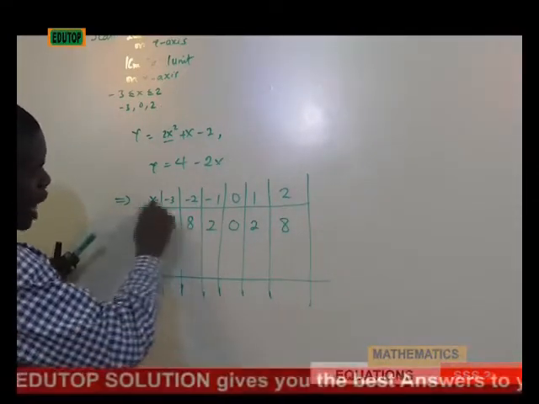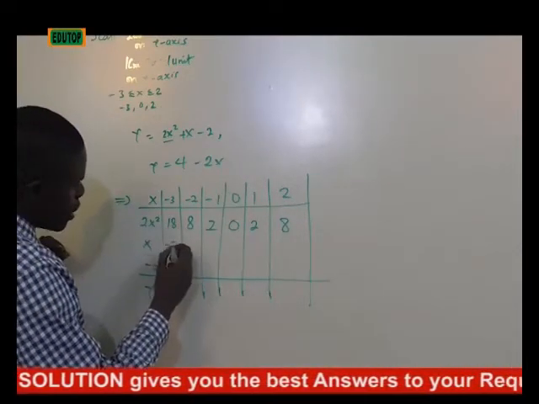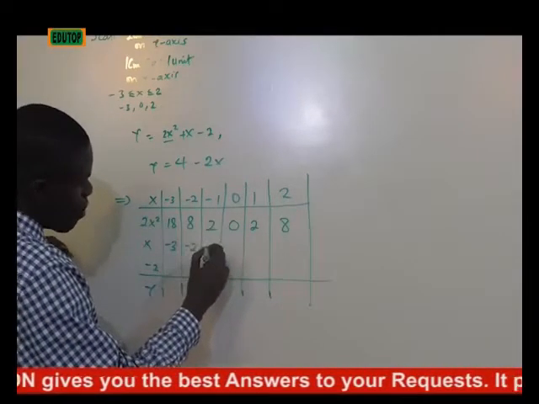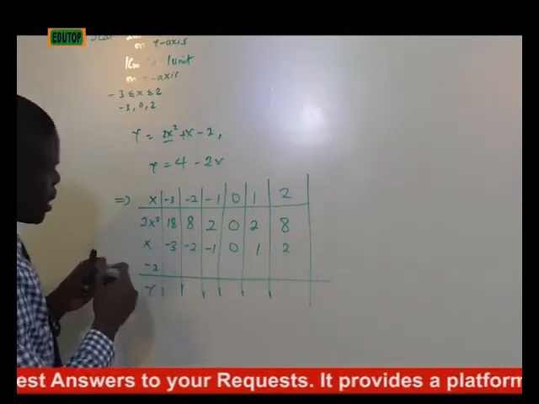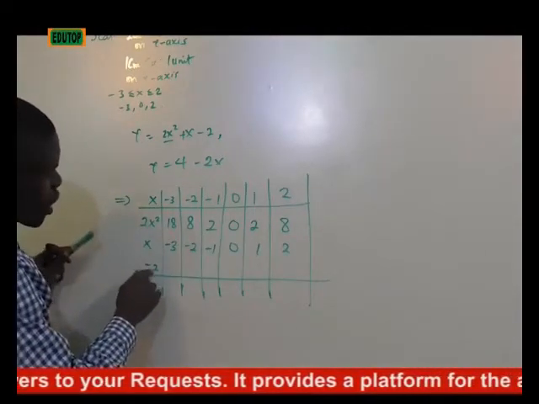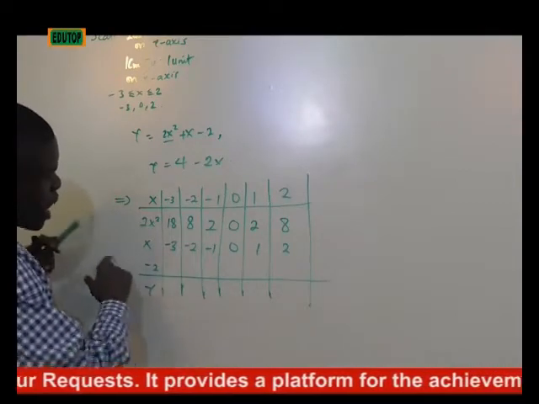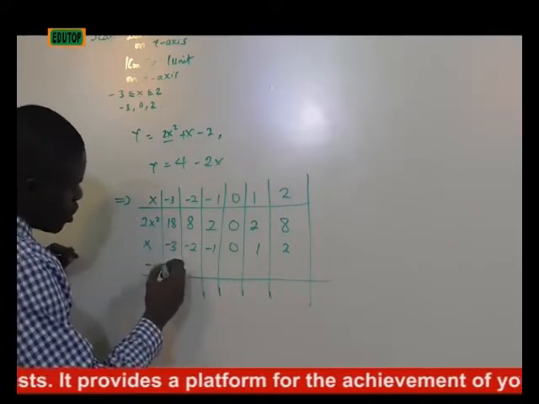And this one is x, we write all what we have here. Minus 3, minus 2, minus 1, 0, 1, 2. Then you have minus 2. Minus 2 is a constant where we replicate the constant throughout the column.